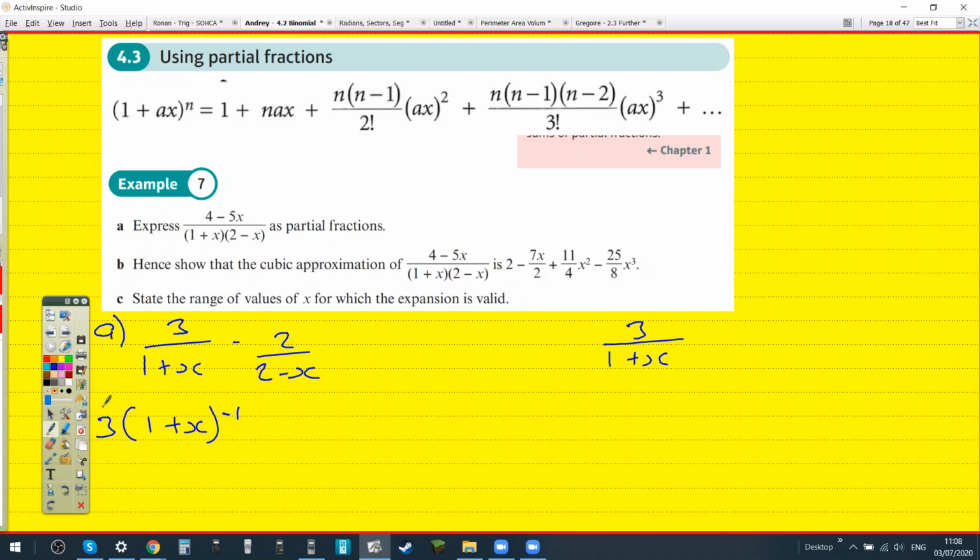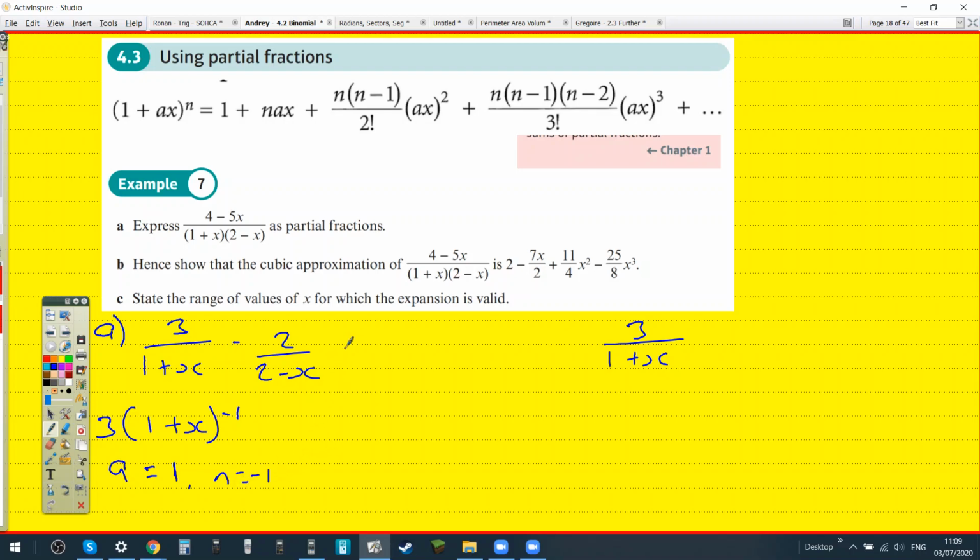So would I then do here 1 plus... Oh, so n is minus 1 and a is 1 as well. A equals 1, n is minus 1.